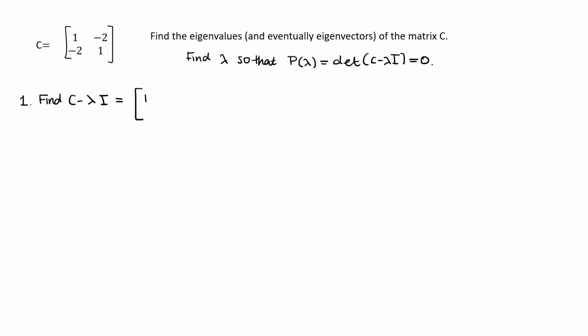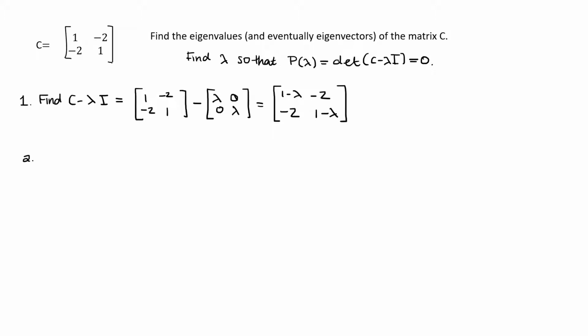So this is 1, -2, -2, 1, and I'm subtracting lambda times the identity matrix. So lambda, 0, 0, lambda gives me the matrix 1 minus lambda, -2, -2, 1 minus lambda.